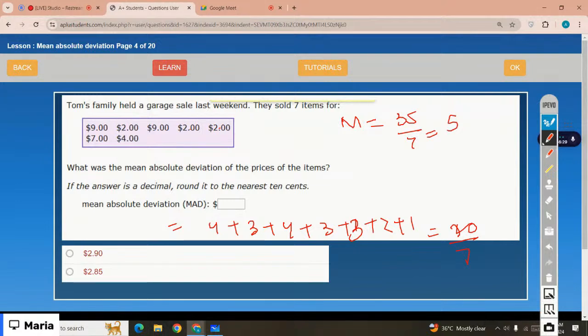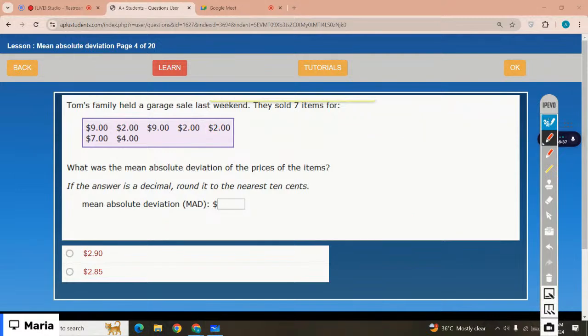That is 20 divided by 7. That's 2.85. Option number 2 is the correct option, right? So the correct option is option number 2.